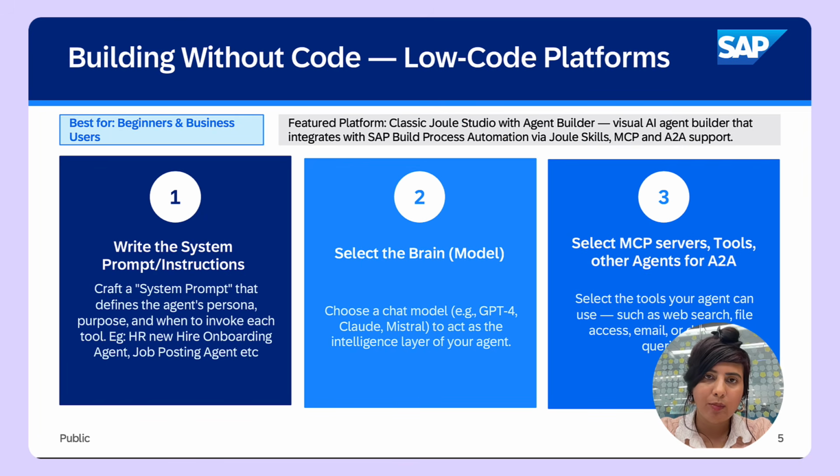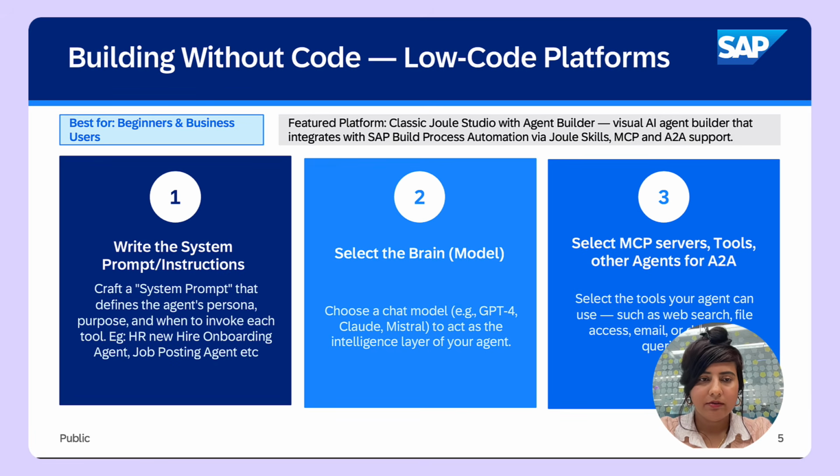So coming to the approaches to build the AI agent, we shall see building without code using low-code platforms. I will be attaching a video here on Classic Joule Studio on the top right. Do check this out. Irrespective of the approach we choose in order to build an AI agent, the technical components remain the same.